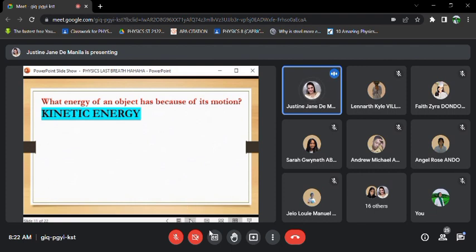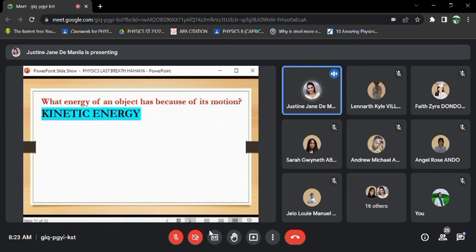So now, what is the formula of kinetic energy? What is the formula, class? To solve for the kinetic energy? Any idea from the class?